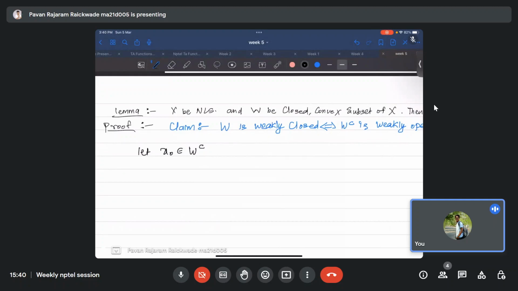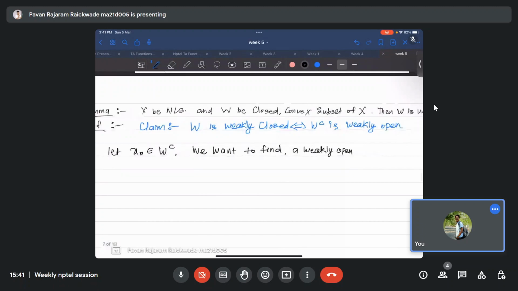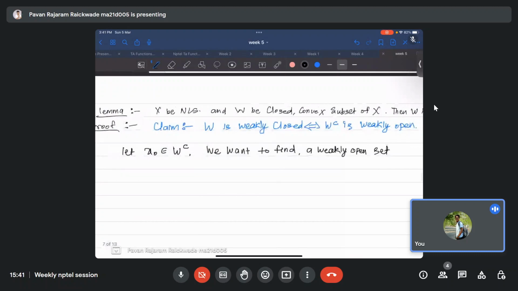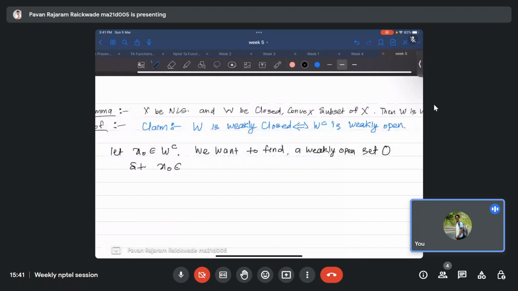Let x naught belong to W complement. So I want to find a weakly open set, I call it O, such that x naught is contained in O, which is contained in W complement, right?